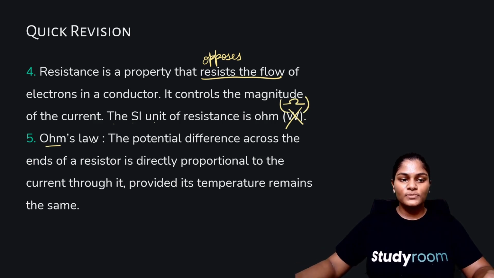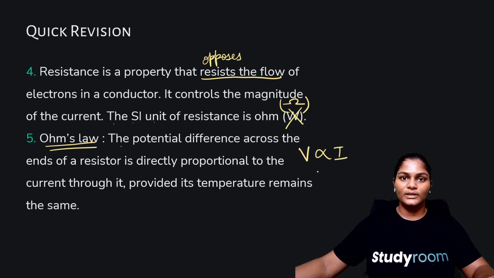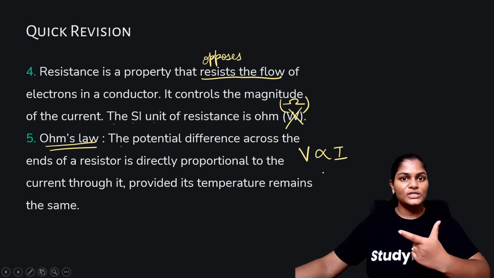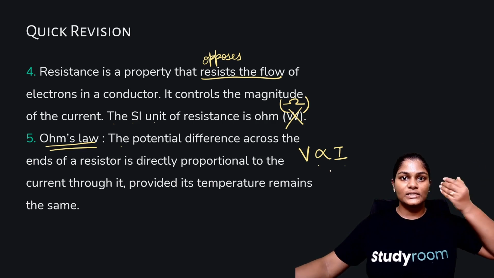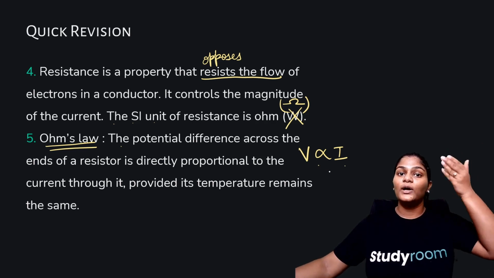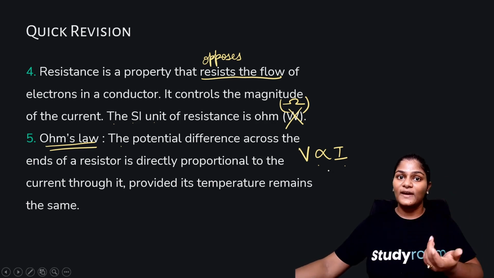Okay. Ohm's law, very, very important, shows that the potential difference V is directly proportional to I across a conductor. So if a conductor has a potential difference V across it, then it is proportional to I. That means if V increases across the conductor, then I also increases. Similarly, if V decreases, I decreases, and vice versa.